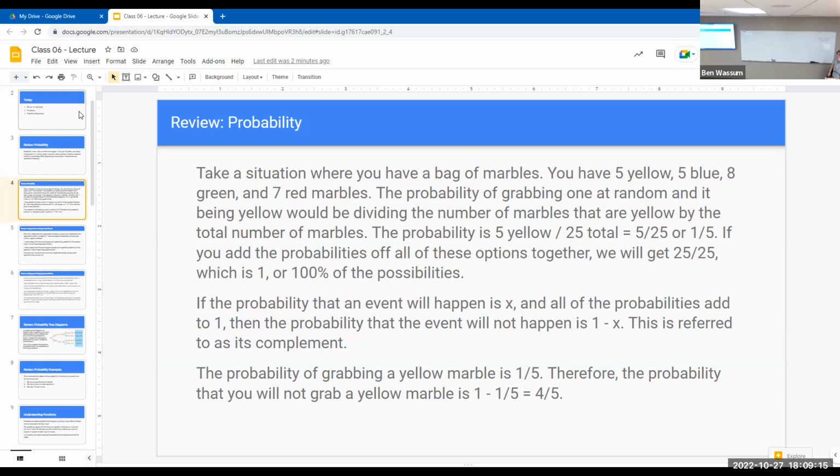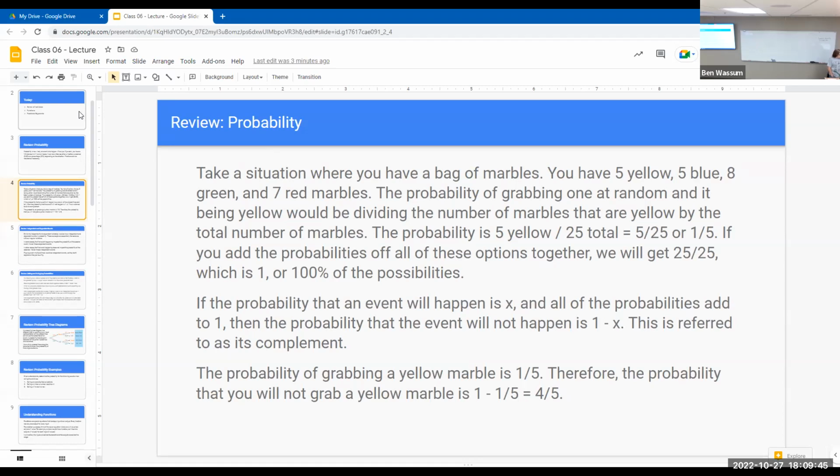And if you add the probabilities of all possibilities together, you always get something that reduces down to 1, which is 100%. So, here's a separate thing. If the probability that an event will happen is something, I put X, but whatever. Probability of event is something, and all the probabilities have to add to 1.